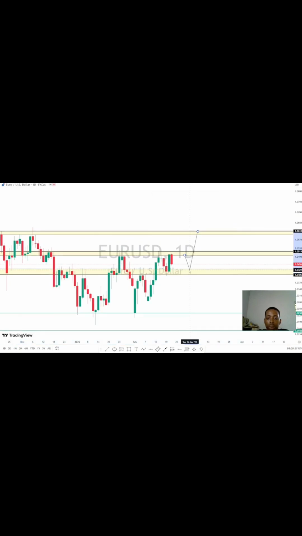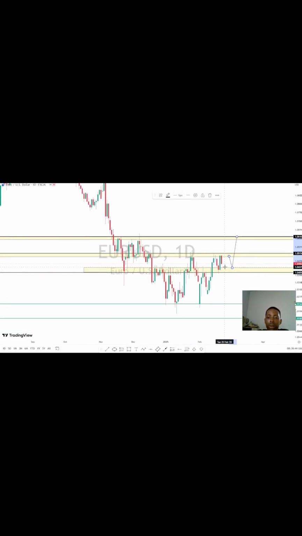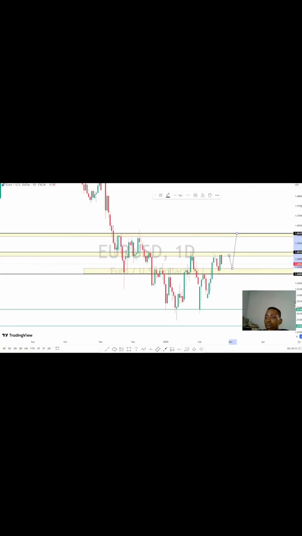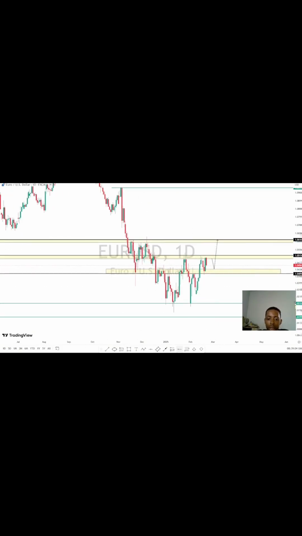I'll be waiting for the market to push at least to this level, giving me a daily confirmation at this level, then keep on firing it up at least to 1.06107.